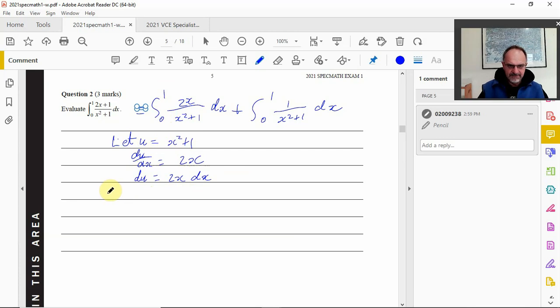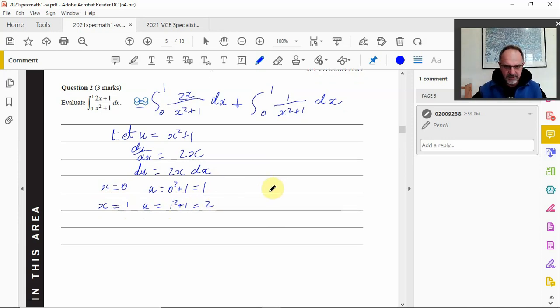So when I do that, if x is equal to 0, using x squared plus 1, my u would be 0 squared plus 1, which of course is 1. And for the upper limit, when x is equal to 1, my u would be 1 squared plus 1, which of course is 2.